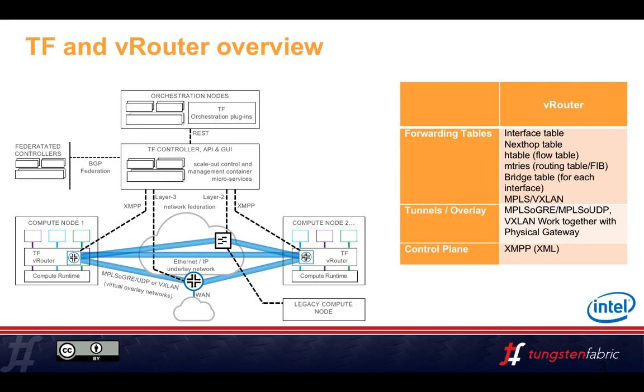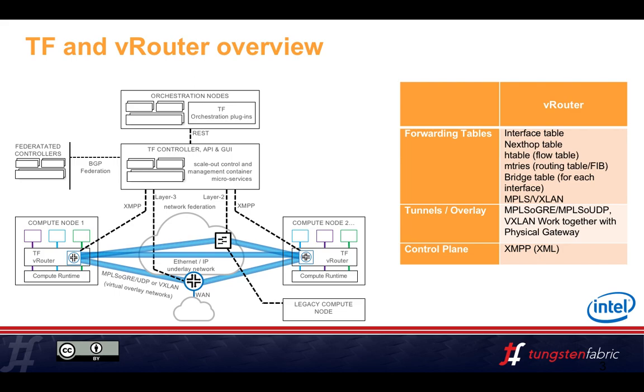So at the top we have the orchestration, which can be OpenStack, Kubernetes, or any container engine. Then we have the Tungsten Fabric controller, which is the network controller. And underneath we have the compute nodes that are running the virtual router. This is the data plane.